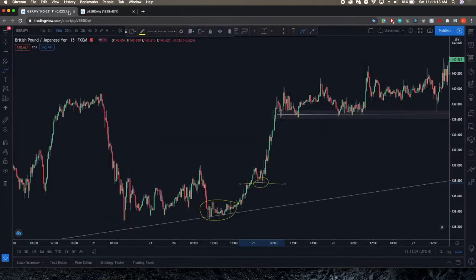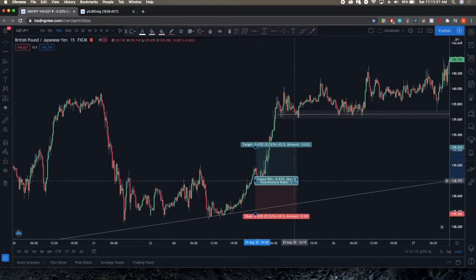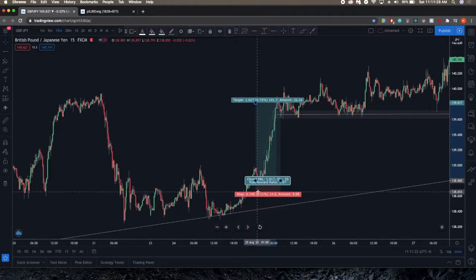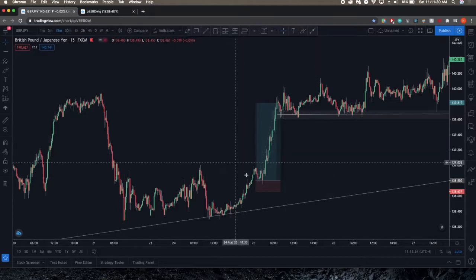We created it after we started closing above it, and then we continued up. So entries taken at 138.800 would have been the best, and your take profit would have been at these highs, this high right here, because that's market structure. 15 pip stop loss, super 1 to 7 risk reward, right?